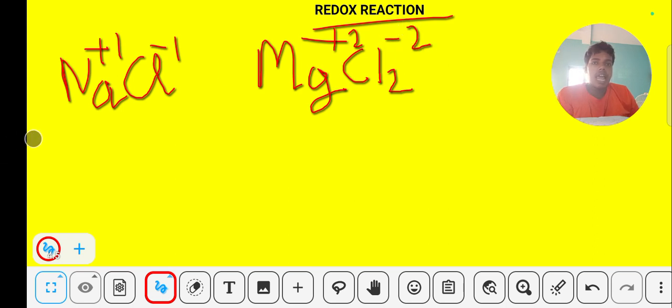As you know that Na has tendency to lose one electron and Cl has tendency to gain one electron to complete its octet. So whatever electron it gains, that will be its charge, and that charge will convert into its oxidation number.